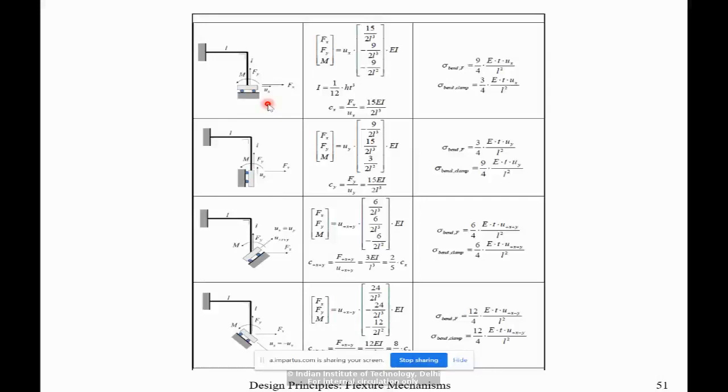Non-zero. Yeah. So many times I think students make mistakes here, so try to look clearly. If it's not given, one is the applied force, but then you may have reaction forces and reaction moments, and you have to calculate them, right?